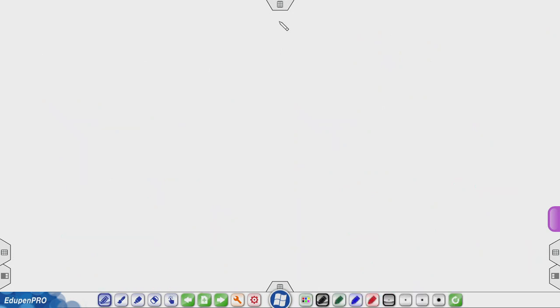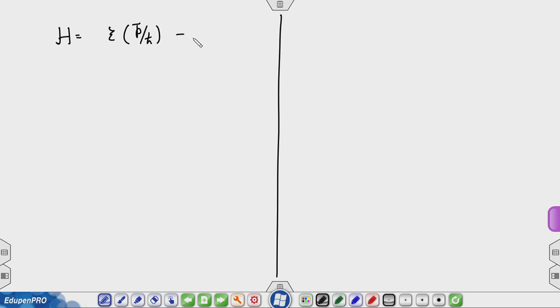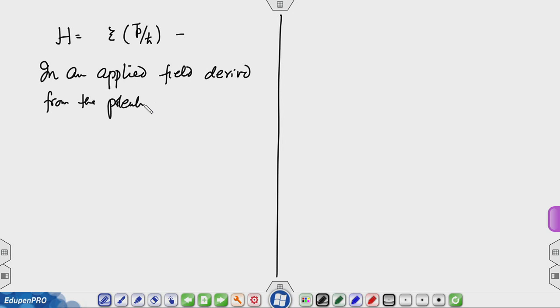Next, since we wrote the Hamiltonian is E p over h cross or k, then in an applied field, derived from the potential energy u r, the Hamiltonian now is going to be h equals E k. Instead of writing p over h cross again and again, I am just writing k plus u r.